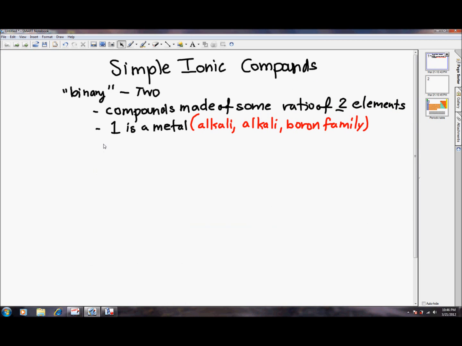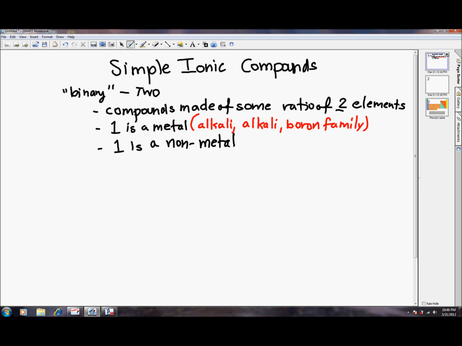Well, what's the other one? The other one is just any one of the nonmetals. Okay, so that's what I call binary, 2.